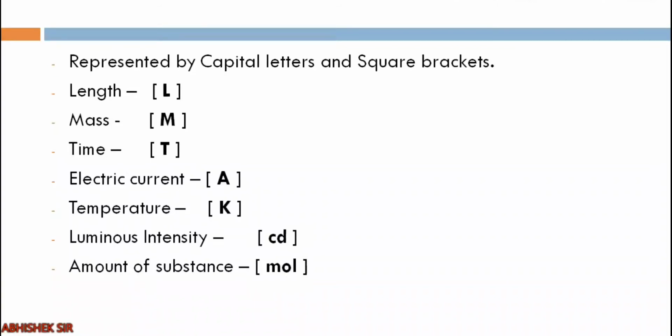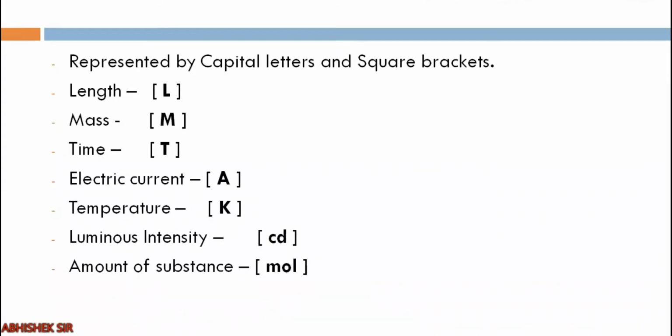And square brackets are also necessary. Remember, why are we using these things? To represent the derived quantity in terms of a formula, we are using these capital letters and square brackets.